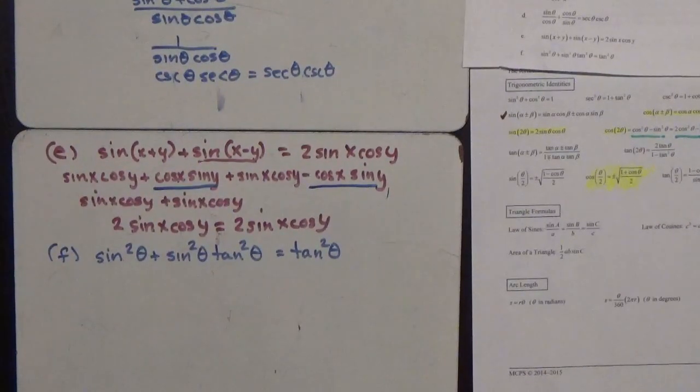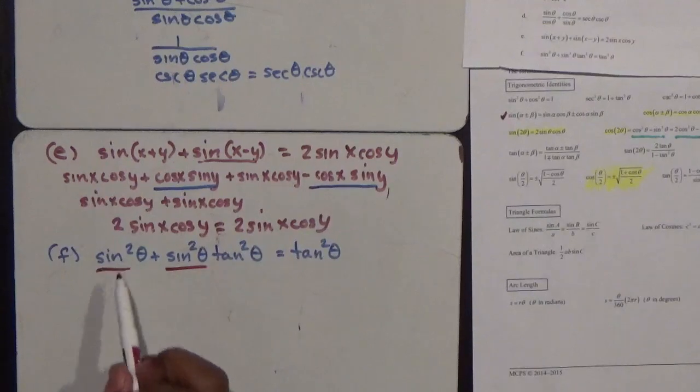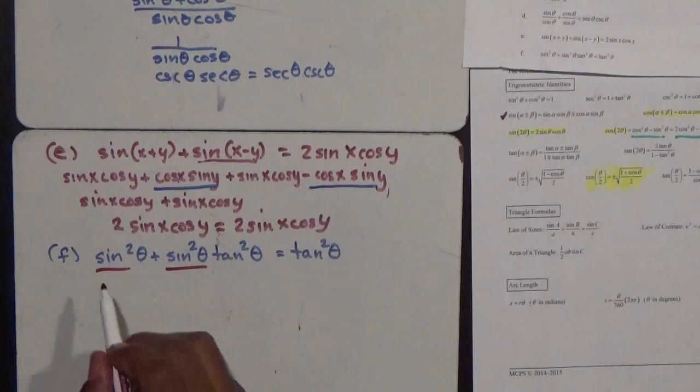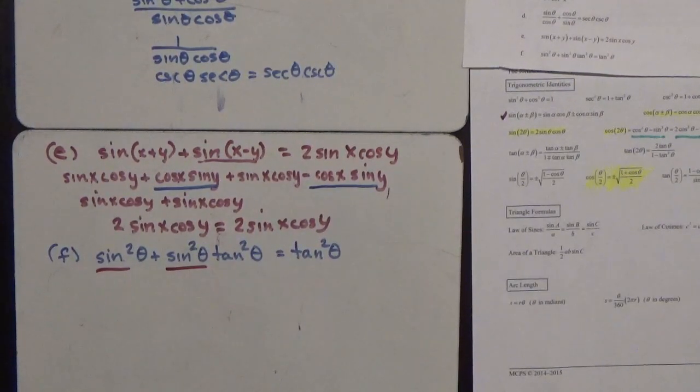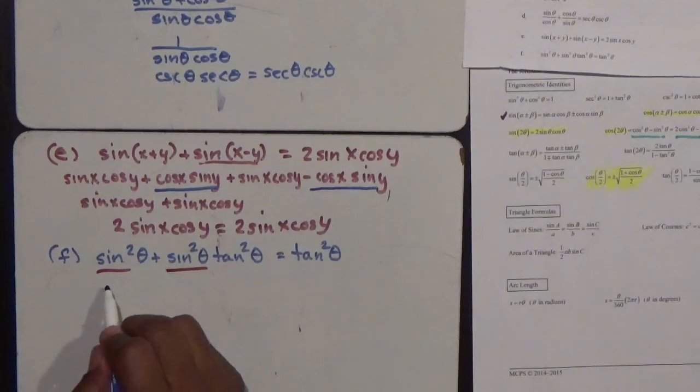I'm looking here and I see that there's a sine squared theta in both terms, so I'm going to factor that out. Why? I don't know, it just looks like the right thing to do.